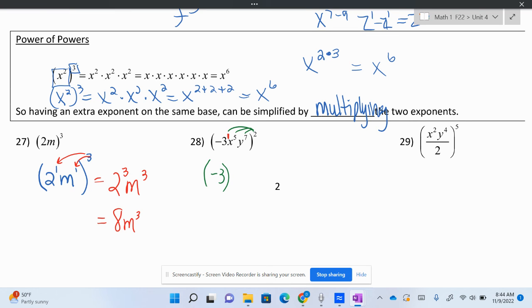Notice I'm putting that in a parenthesis. 1 times 2 is squared. X to the what power? 10. 5 times 2 is 10. Y to the 14th. Can I simplify the -3 squared? -3 times -3 is what, Tessa? 9. So I'm going to rewrite this as 9, x to the 10th, y to the 14th.